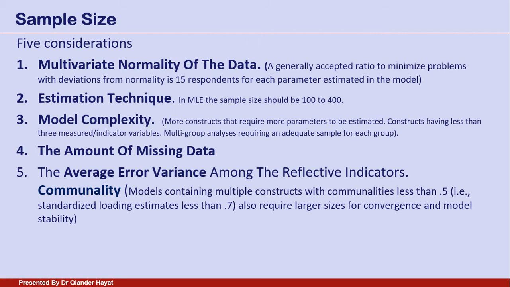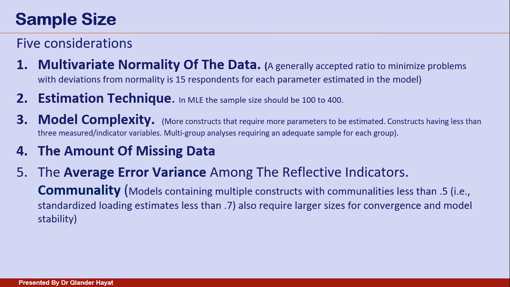If you are going to estimate 4 parameters, then your sample size should be at least 60 respondents. It means 15 respondents for each parameter estimated in the model. The other is related to the estimation techniques. If you are going to use the maximum likelihood estimation, the sample size should be between 100 to 400.